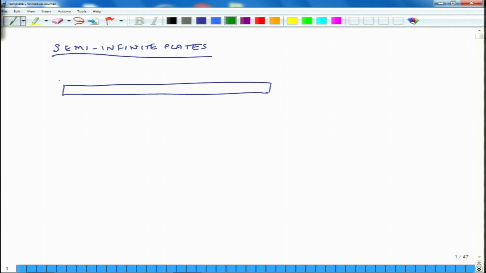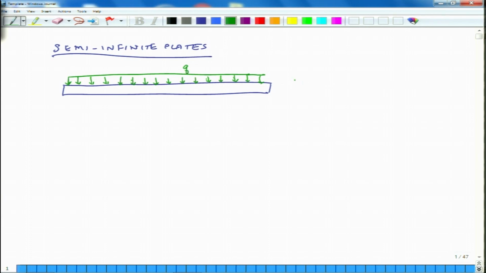Now, this plate could have some external load on it, and we will assume that the external normal load on the plate is q newtons per meter. So, that is the load intensity. So, this is a uniformly distributed load.